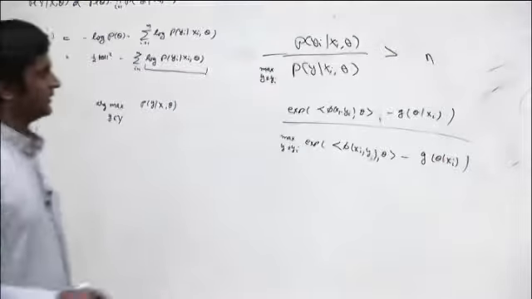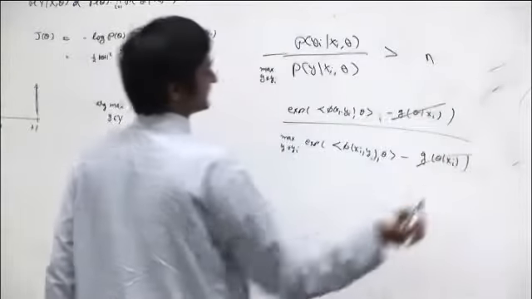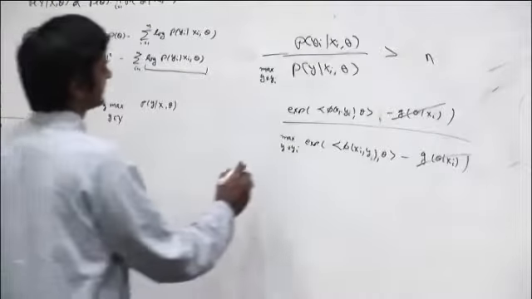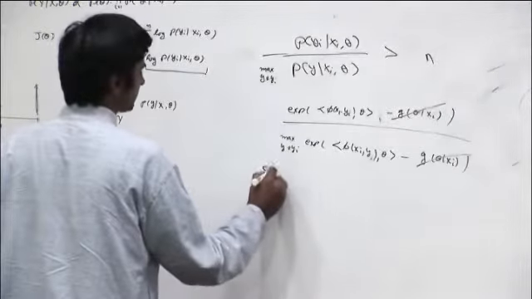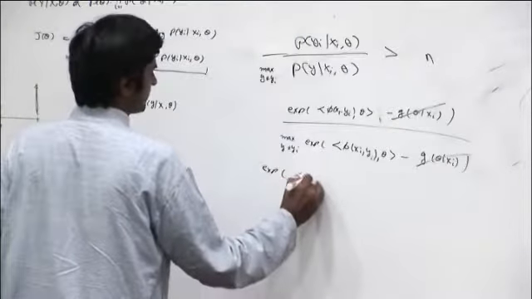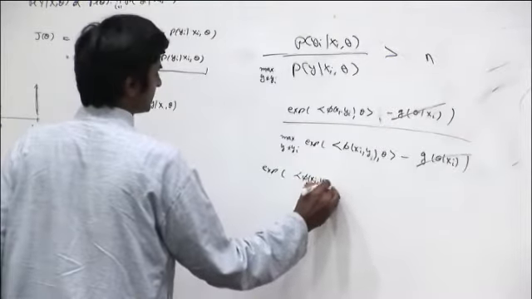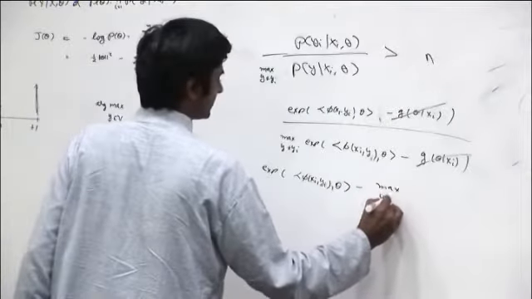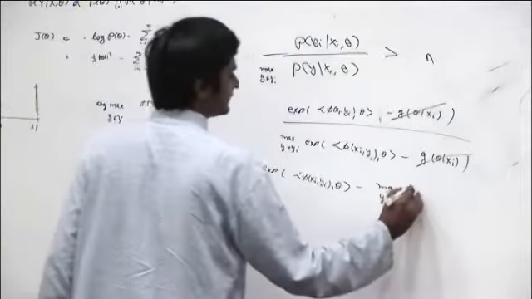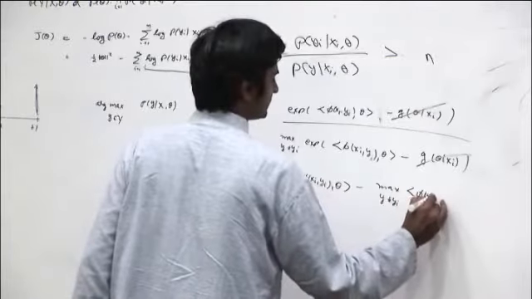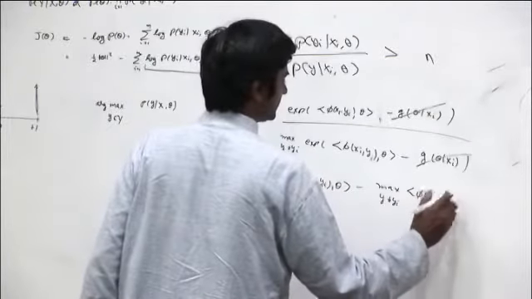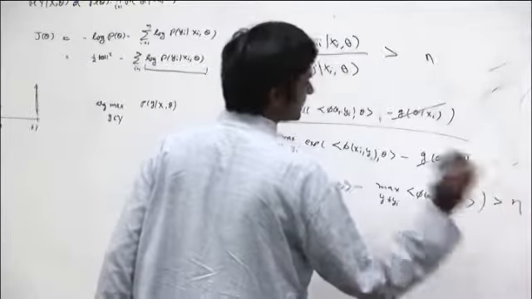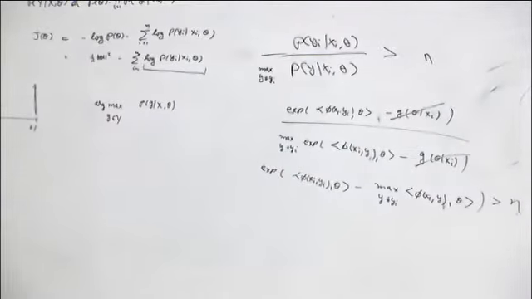This cancels because there is the same constant factor in both. You can rewrite this as exp of phi of xi yi times theta minus the max over y not equal to yi of phi of xi y times theta, and it must be bigger than or equal to eta.